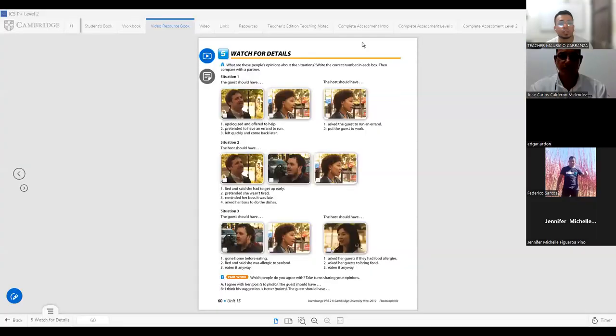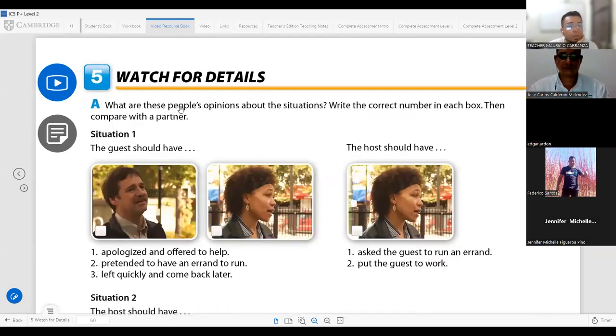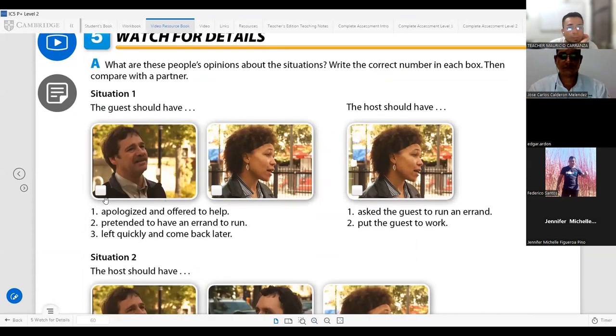Okay, so we want to watch it the last time. This time it says, what are these people's opinions about the situations? Write the correct number in each box, then compare. So you have 3 different opinions, right? About the first situation, the guest should have, or the host should have, right?